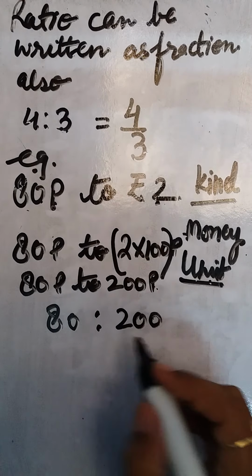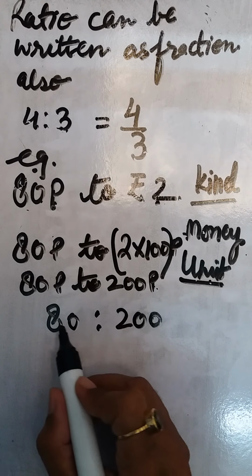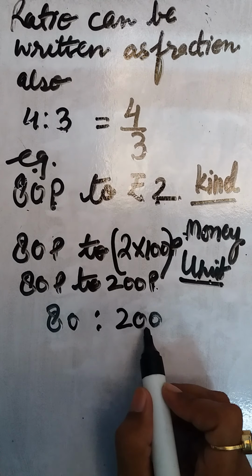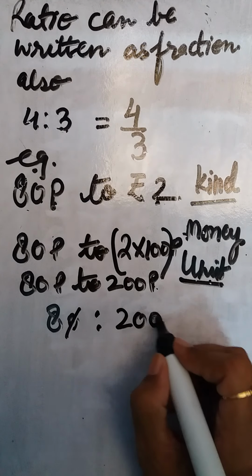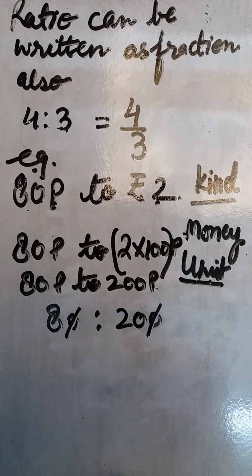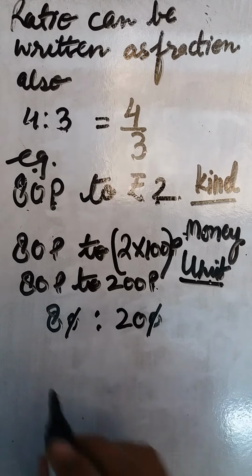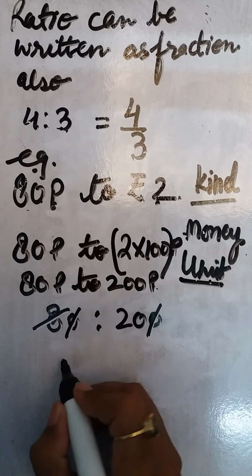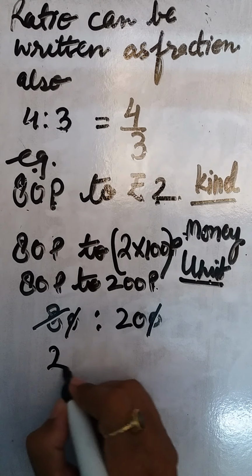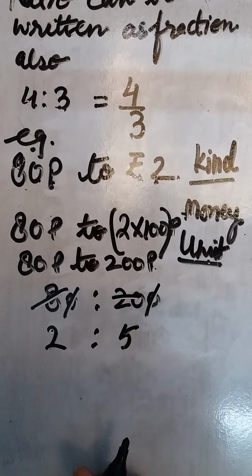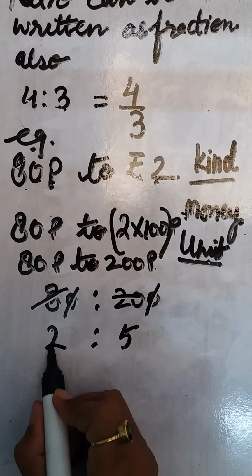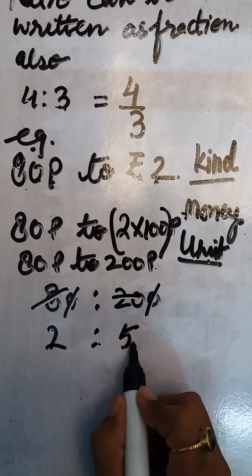And last thing, that it should be written in the simplest form. So this is not the simplest form. We will reduce it. We cut it by 10, 0 will be cut. Now we can cut it by 4: 4 2s are 8, and 4 5s are 20. So now the simplest form of this is 2:5.